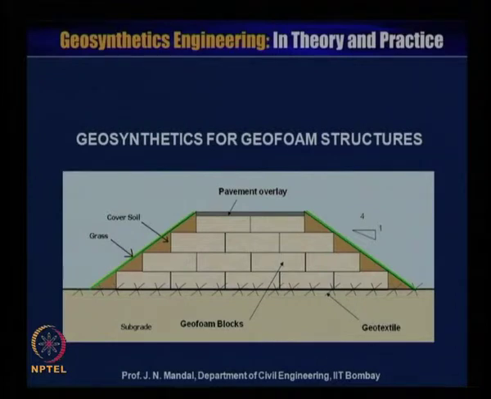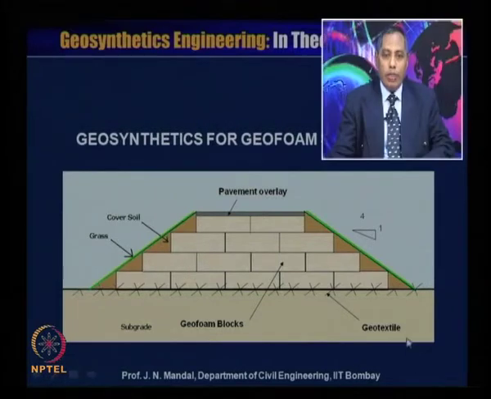So it looks very green. Also you can place one layer of geotextile material in between the geofoam and the subgrade soil, which also separates the geofoam and the subgrade soil.